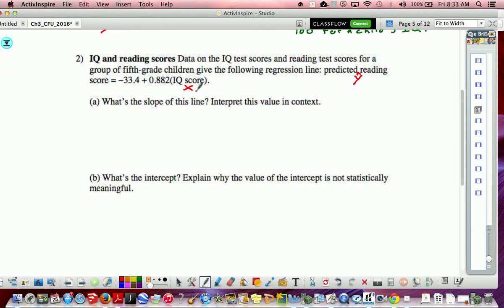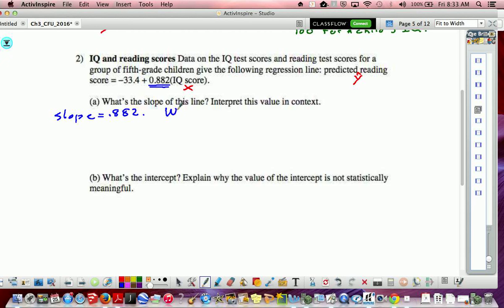So in this case, the first thing it says, interpret the slope, or what's the slope, and then interpret it in context. So the slope is the number in front of the x. So my slope equals 0.882. So what does that actually mean? Well, for every 1 point increase in IQ scores, my predicted reading score is going to go up by 0.882 points.